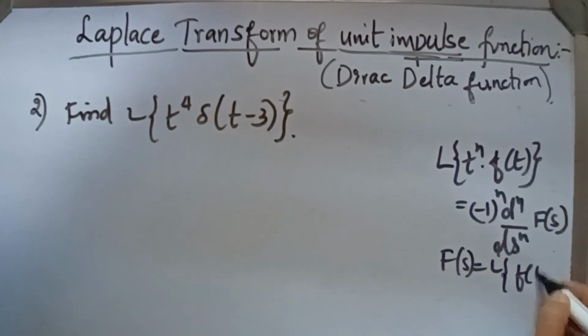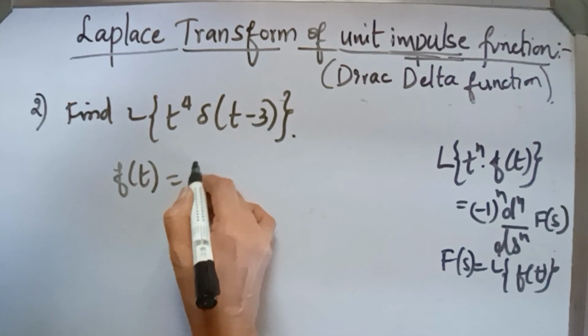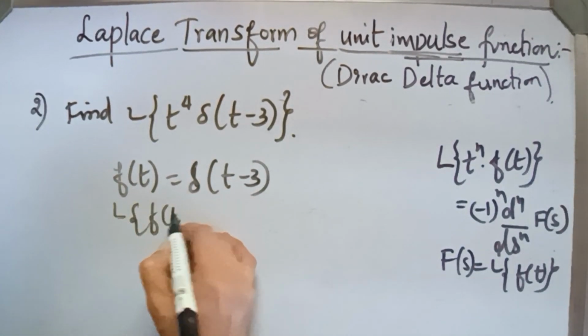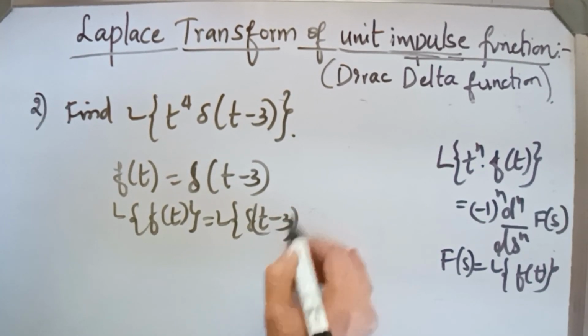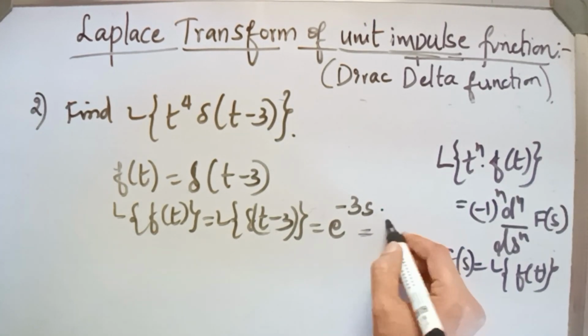So what is f of t here? Here f of t equals delta of t minus 3. So the Laplace transform of f of t, which is the Laplace transform of delta of t minus 3, as per the formula, is e power minus 3s. So this is your F of s.